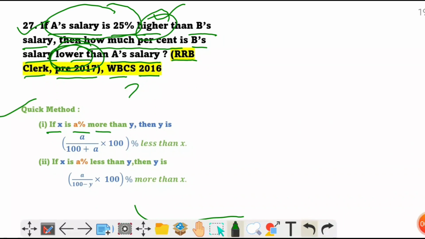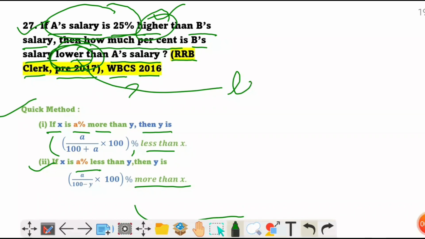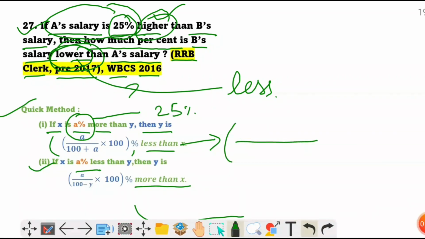So if x is a% more than y, we are using this formula, and if x is a% less than y, we are using the other formula. So here in this question it is asked less than, so we'll use the first one, and the first one is a% more. Here a is 25%, so we will put 25 in place of a.